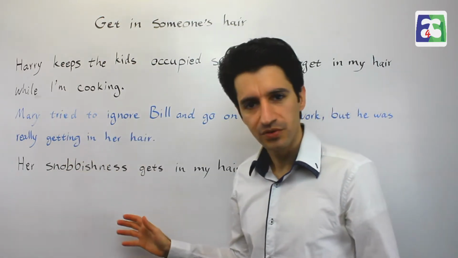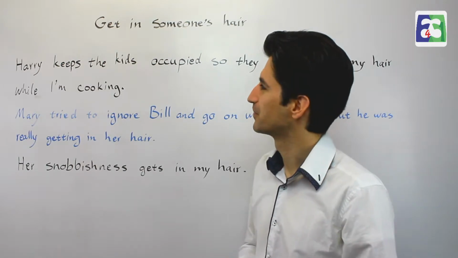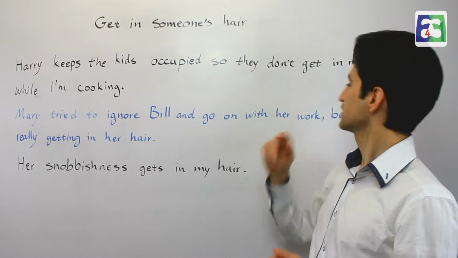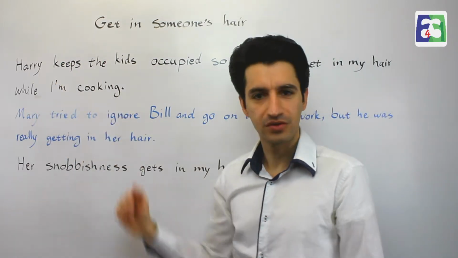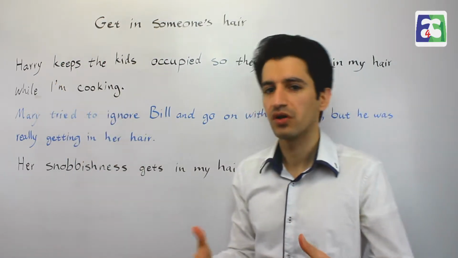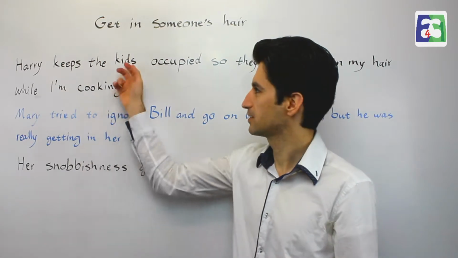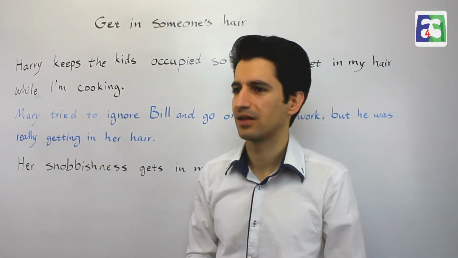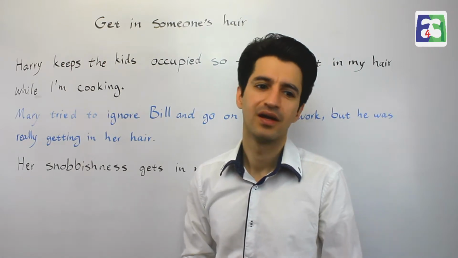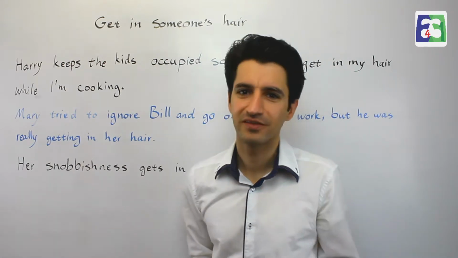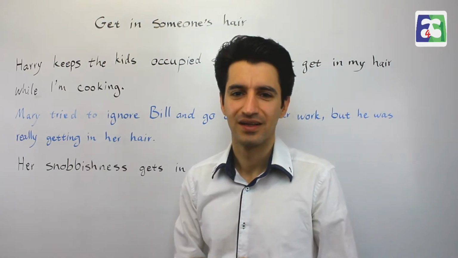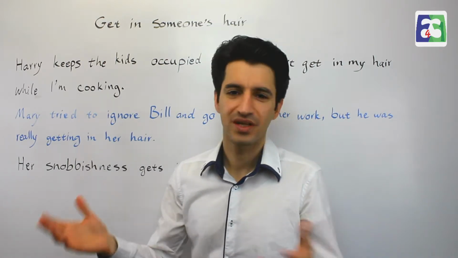Now let's look at examples. It should be more clear after that. Harry keeps the kids occupied so they do not get in my hair while I'm cooking. Imagine you are cooking and kids are around you. They are playing and they are putting things down and breaking things and throwing their toys everywhere.